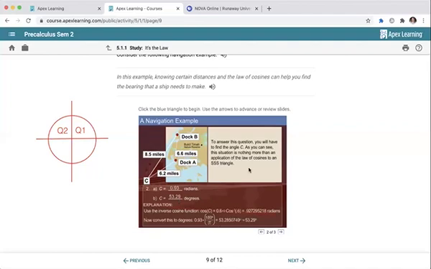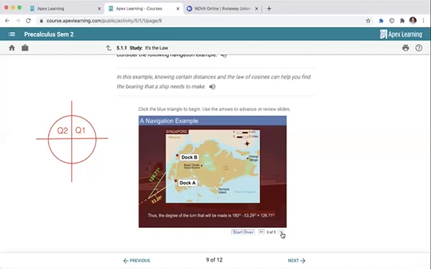And just like the car example here, we know that it has to turn 53 degrees. So the degree that makes up our turn here is going to be 180 minus that turn.